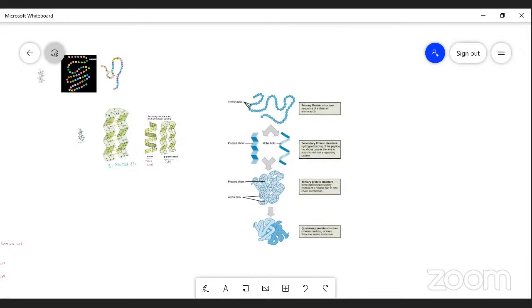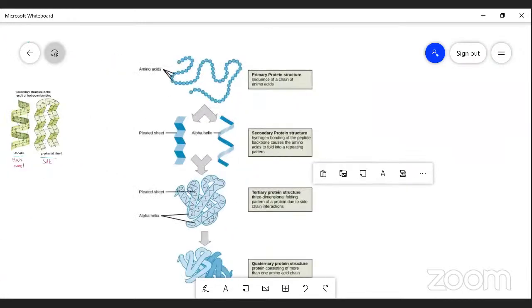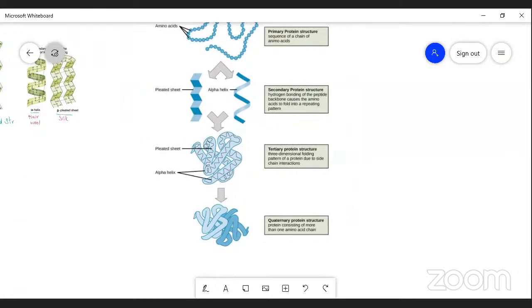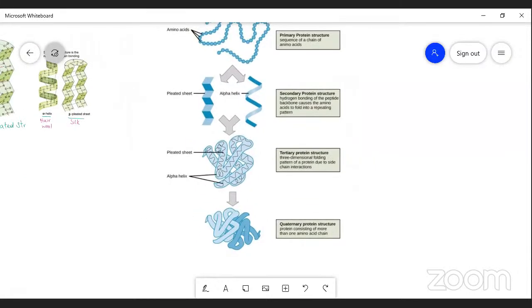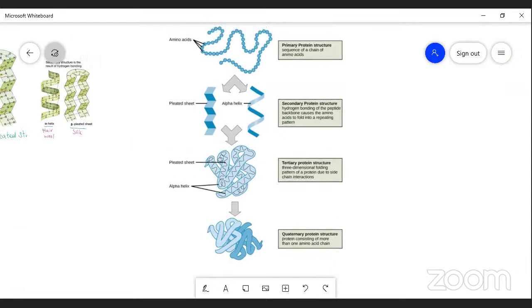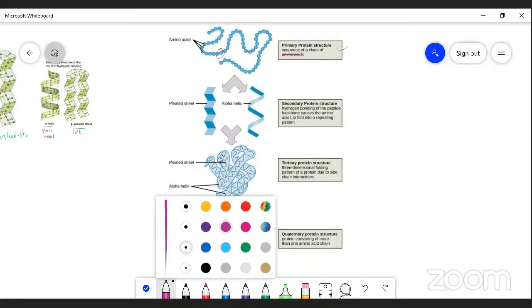If we change the sequence, it will alter the structure and biological function of the protein. If we change any one amino acid into another one, then the biological function is altered.